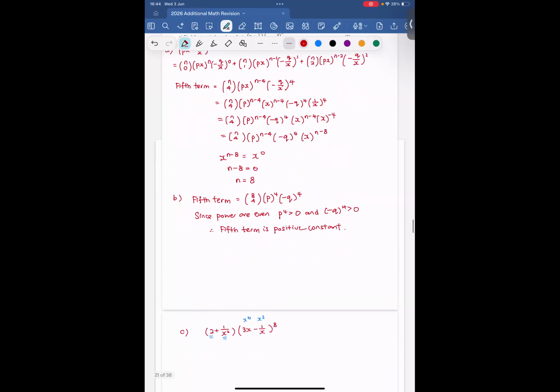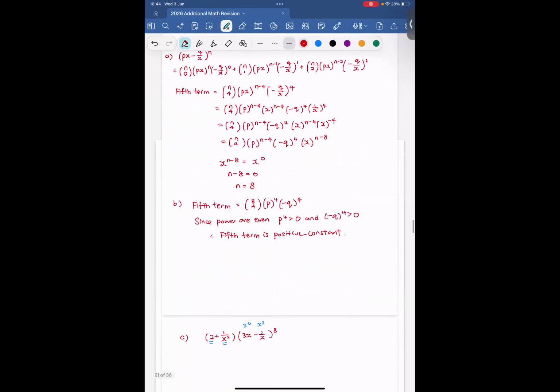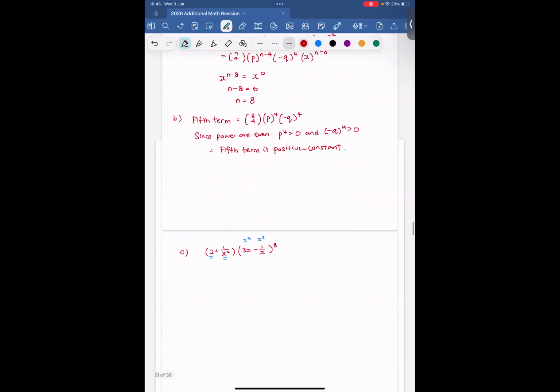So previously we don't have the general term, so we have to do it from the general term. So the general term will be equal to 8Cr, 3x to the power 8 minus r, negative 1 over x power r.